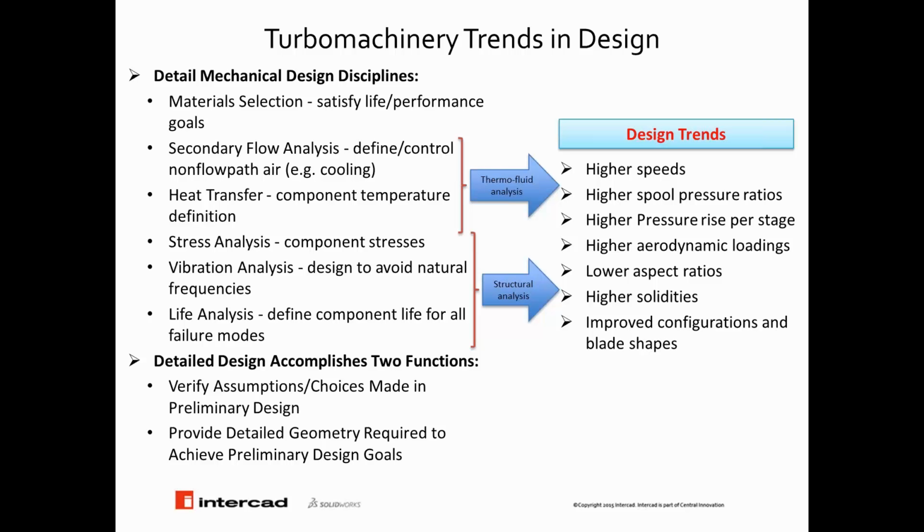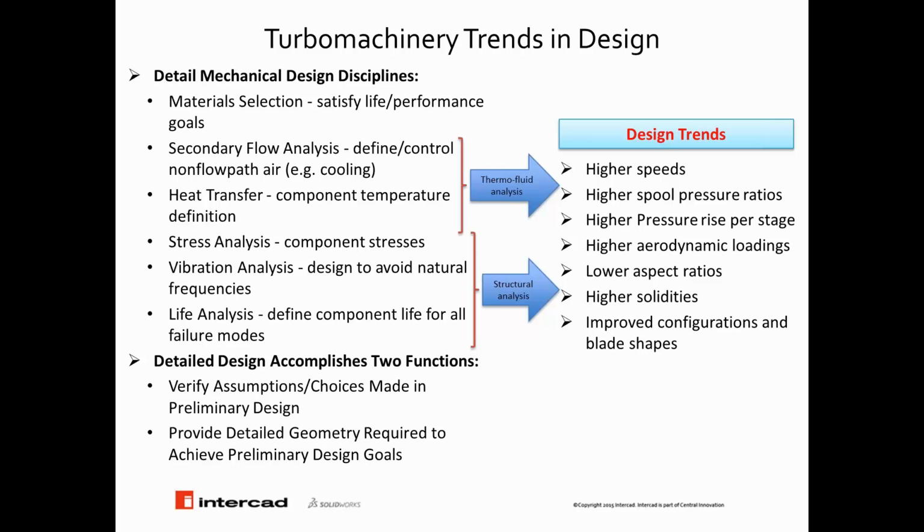What we're trying to do with all of these tests, whether thermofluid analysis or structural analysis, is to achieve higher speeds, higher spool pressure ratios, higher pressure rise per stage, higher aerodynamic loadings, lower aspect ratios, higher solidities, and improved configuration and blade shapes. All of this is done because we would like to make the best design with the best performance.